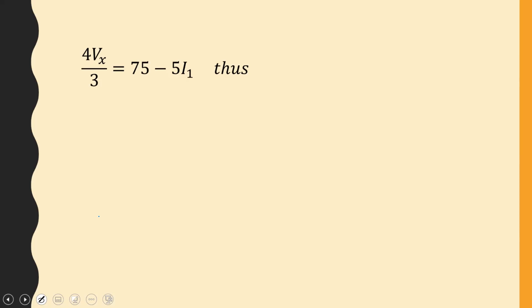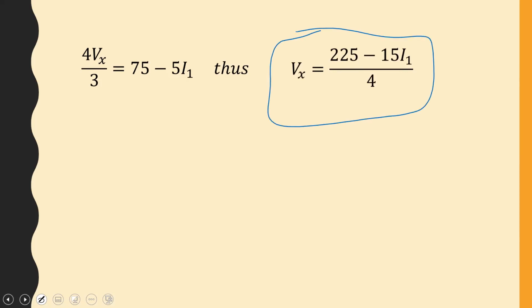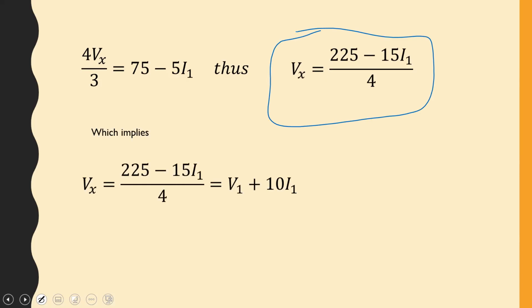I cross multiply, and of course, I'll get an expression for Vx. So this is Vx. But remember earlier, we said that Vx was also equal to V1 plus 10I1. So I do that, and I can now establish a relationship between V1 and I1, which is this.